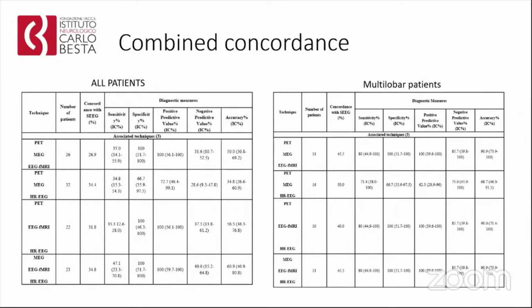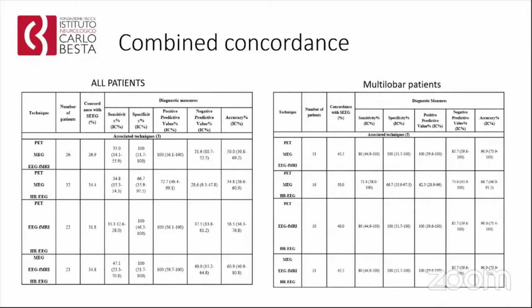And this is an example of combining three techniques. On the left, we use all the patients, not considering the multilobar category. We don't have any improvement considering more techniques; we just see that including PET and EEG-fMRI can improve the specificity, but the accuracy stays the same in all the cases.